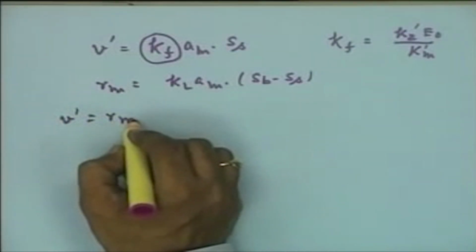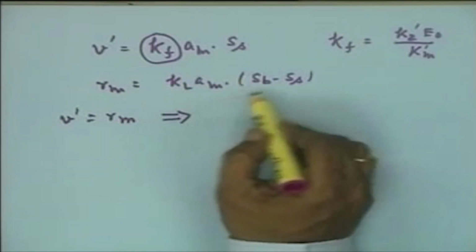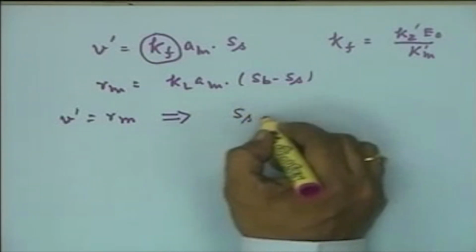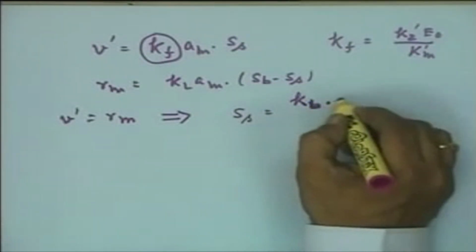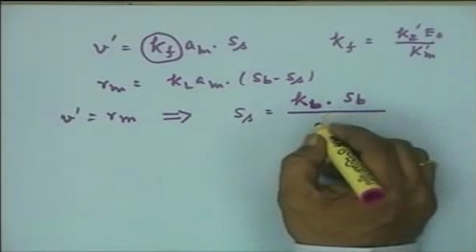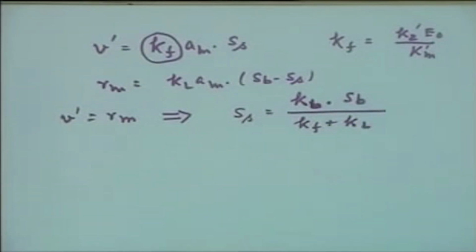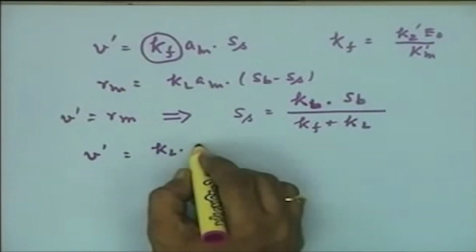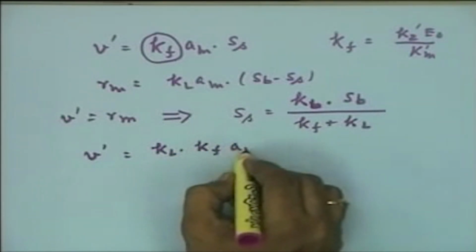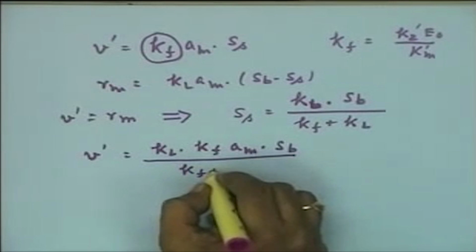If you equate the two, that is B dash is equal to Rm, that will imply that Kf Am into Ss is equal to Kl Am into Sb minus Ss, and therefore, from this the substrate concentration at the surface can be calculated as Kl into Sb upon Kf plus Kl, or the observed rate is Kl Kf Am into Sb upon Kf plus Kl.